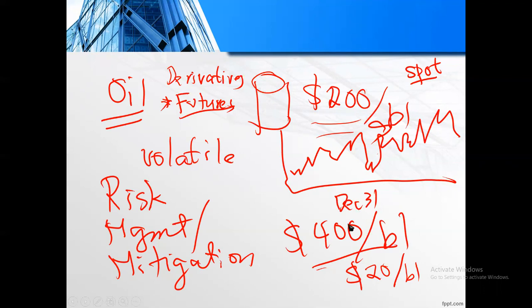Kung yung spot price ng December 31, 400, okay tayo. Panalo tayo. You will get the commendation of the board. Pero pag naging 20 yan, patay ka. Okay? Kasi nag-contract ka na $200 per barrel, pero ang spot market, $20 per barrel na lang.